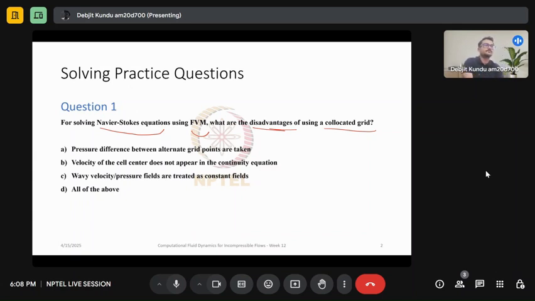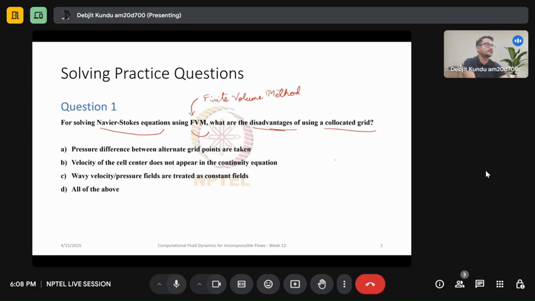So for solving Navier-Stokes equations using finite volume method, FVM here stands for finite volume method. What are the disadvantages of using a co-located grid?